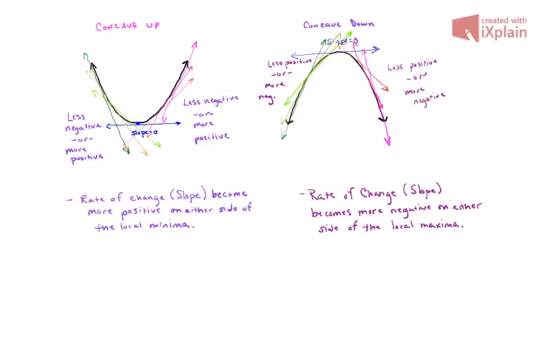Okay. So one last point to make. If we are looking at, say, a function that looks something like this, and I do apologize that this is not going to be on a coordinate plane, but basically, now what I've done is I've molded or blended two functions together. One of them is concave down, and one of them is concave up.